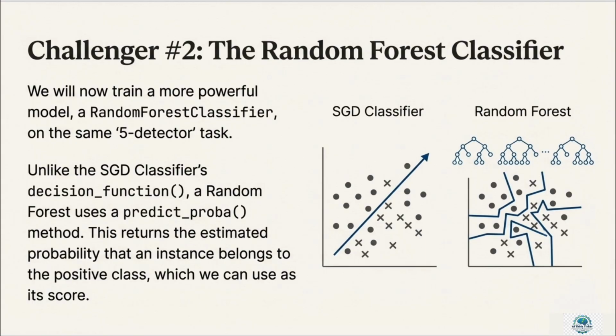To compare them, we train a random forest on the same 5 detector task. There is a slight technical difference in how we get the scores. The SGD classifier gave us a decision function score. The random forest works a bit differently. It uses a method called predict_proba. This returns the probability, a percentage chance, that a given image belongs to the positive class.